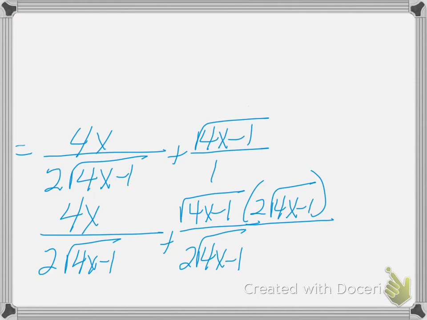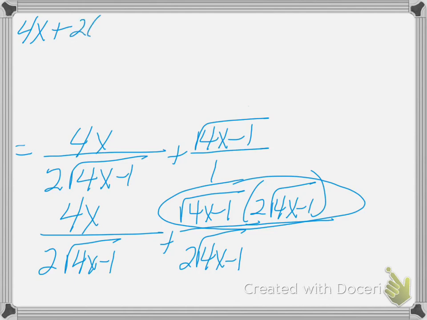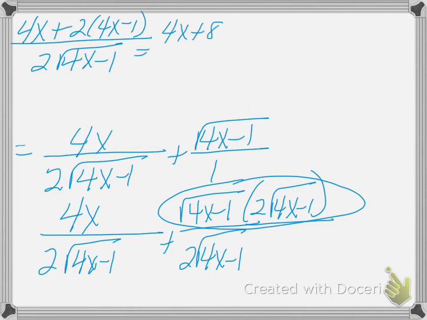Okay, so we're going to combine those numerators. So we get 4x plus, and now when I multiply this, I just get 2 times 4x minus 1. And they share the same denominator. Okay, now I'm going to distribute that 2. Four x plus 8x is 12x.